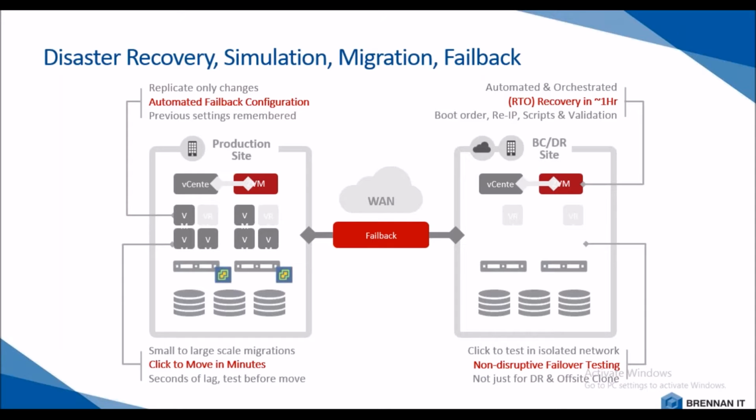So there's no need to reseed the entire environment, and you can pick up where you left off, plus all the changes that happened after that for the time you were running from the DR site, i.e. the Brennan IT cloud. So it's a comprehensive solution for disaster recovery and also for simulation and also VM migration as well.